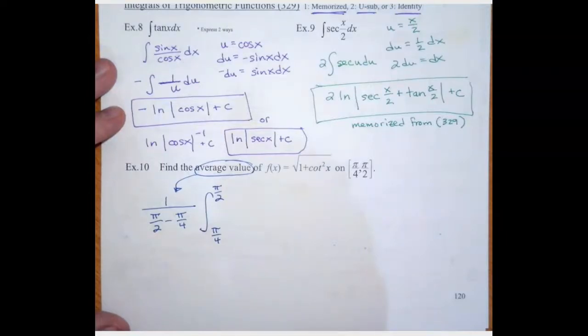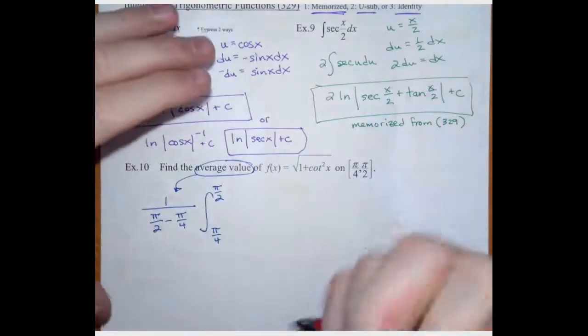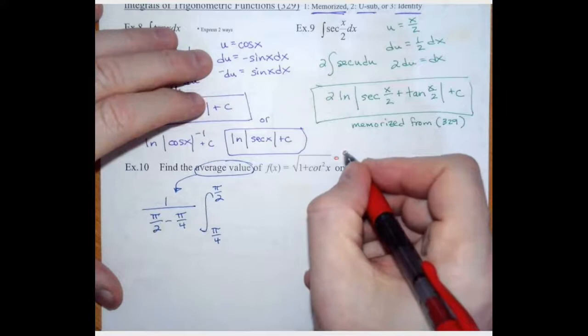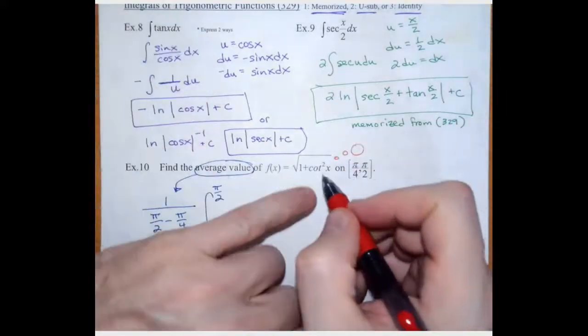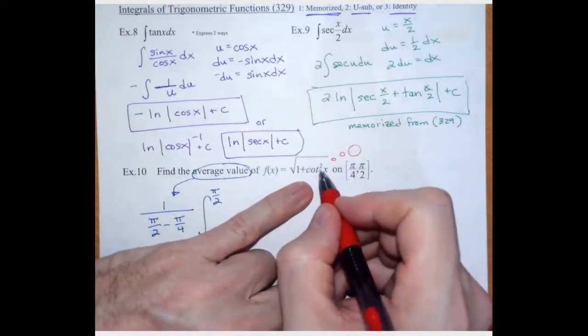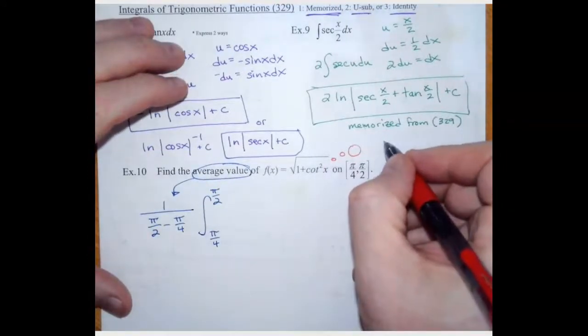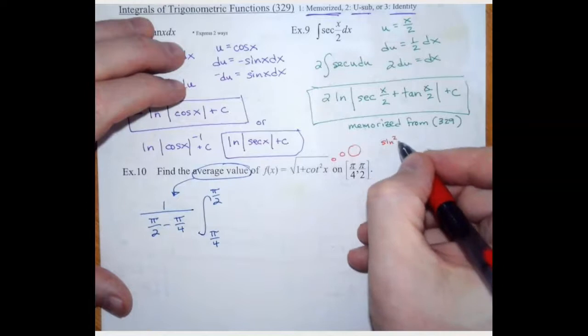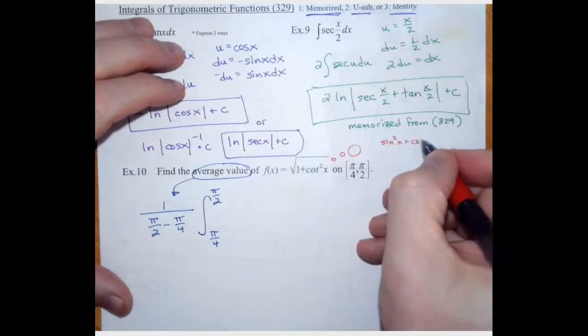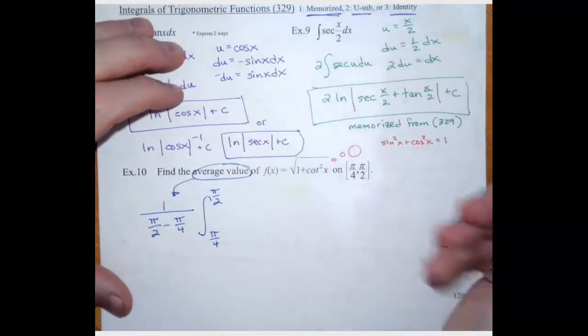Now, what should come to mind when you see this? I'm going to do a little thought bubble here. It's got a trig function squared, so we should be thinking of a Pythagorean identity. I'm thinking sine squared plus cosine squared equals 1.